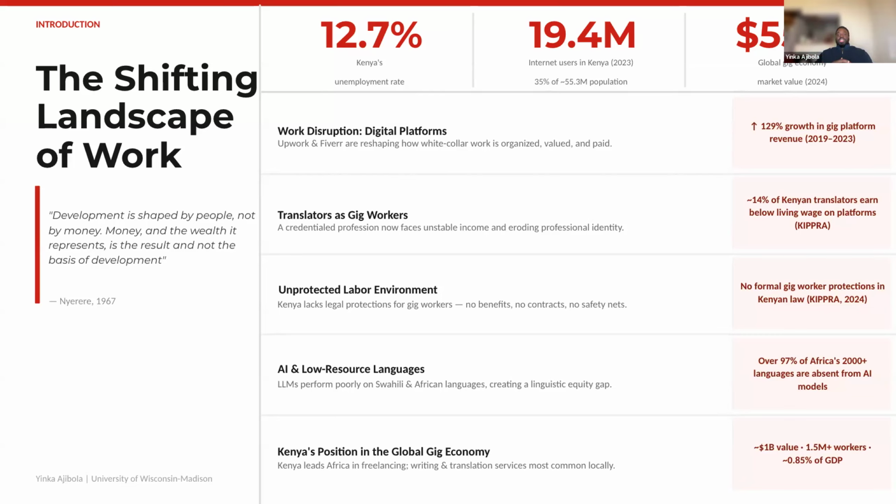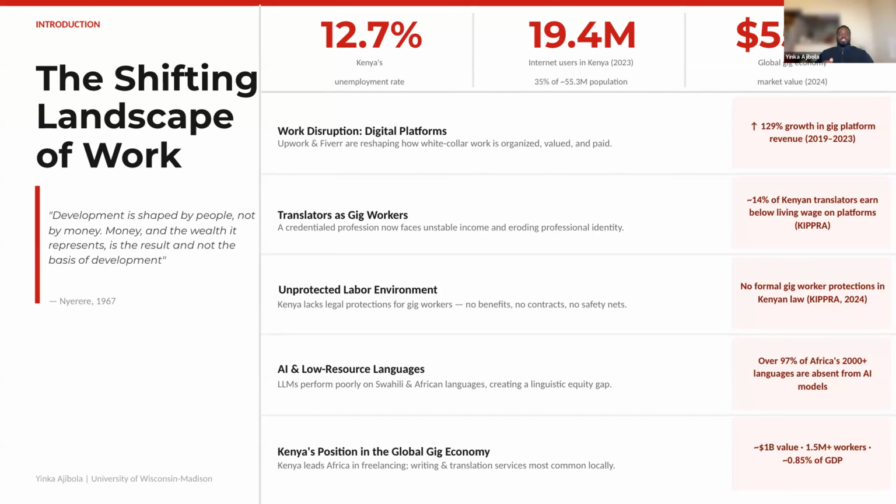And for example, when looking at platforms, platforms may expand access to work, but the economic conditions determine who can actually benefit from it. And if we hone in specifically on Kenya, where the unemployment rate is high, about 13%, a lot of people have turned to gig work as an alternative.